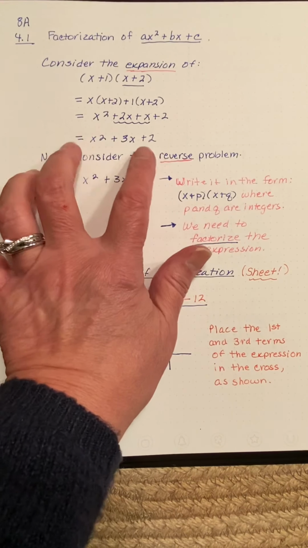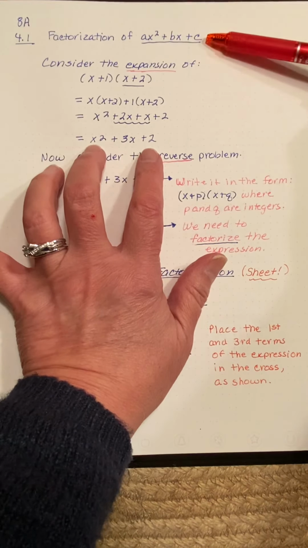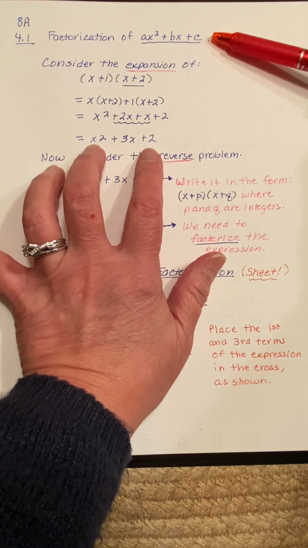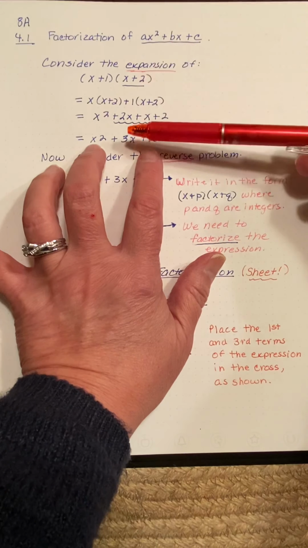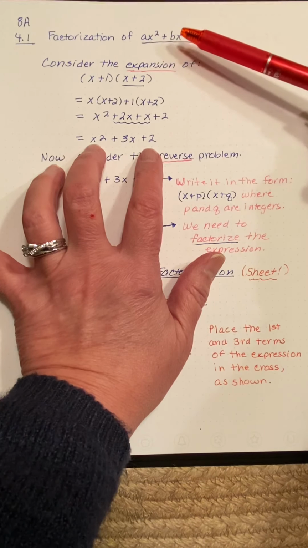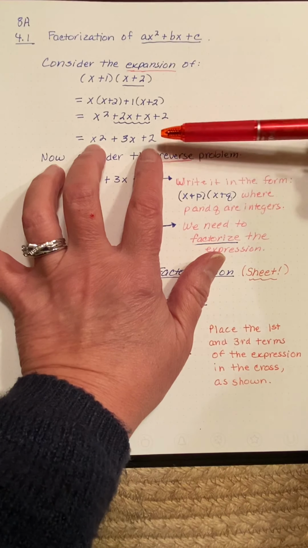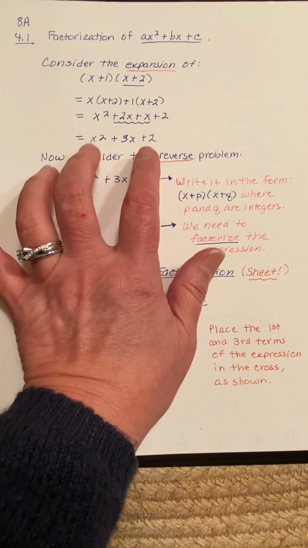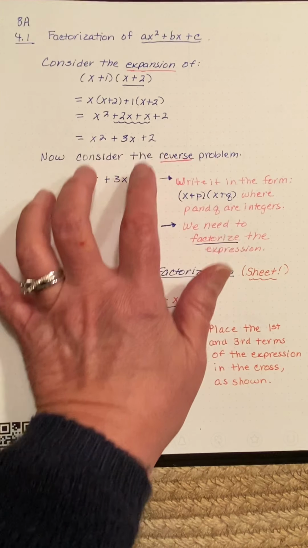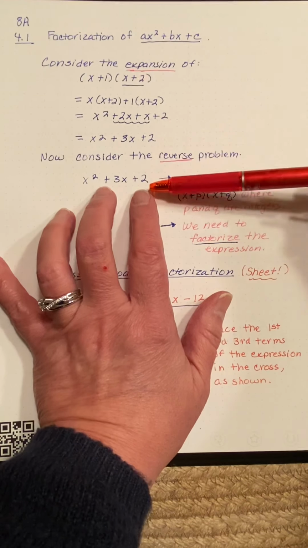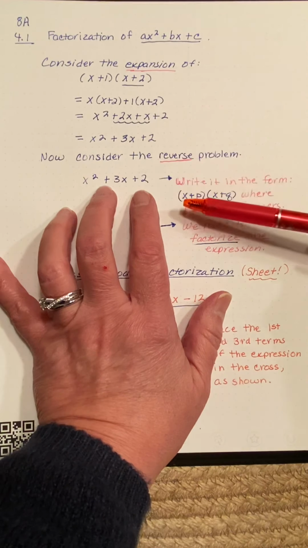So we're at this form that we introduced at the beginning in the title. We have our situation of ax squared plus bx plus c. Now, consider the reverse of this problem. Say you're given this problem, x squared plus 3x plus 2, and we want to reverse the situation.